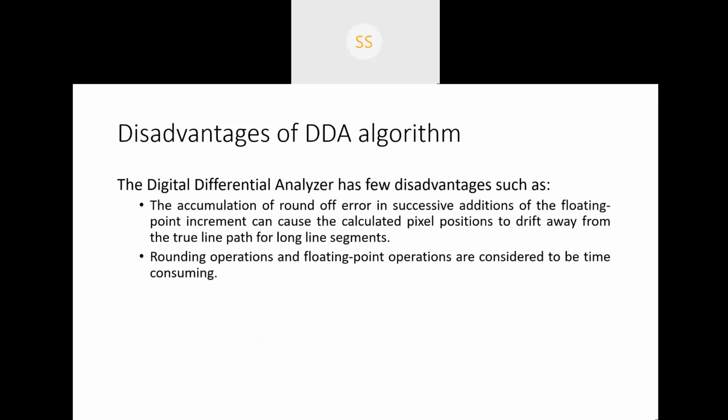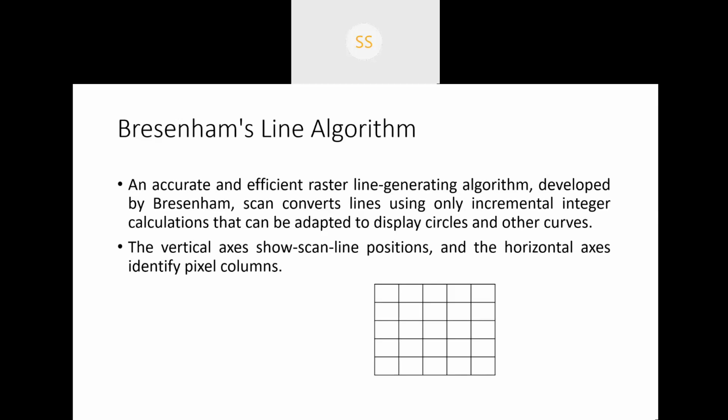Seeing these two disadvantages of the DDA algorithm, we have come up with a new algorithm called Bresenham's line algorithm. It is considered one of the accurate and efficient raster line generating algorithms, developed by Bresenham. It scan converts lines using only incremental integer calculations that can be adapted to display circles and other curves.